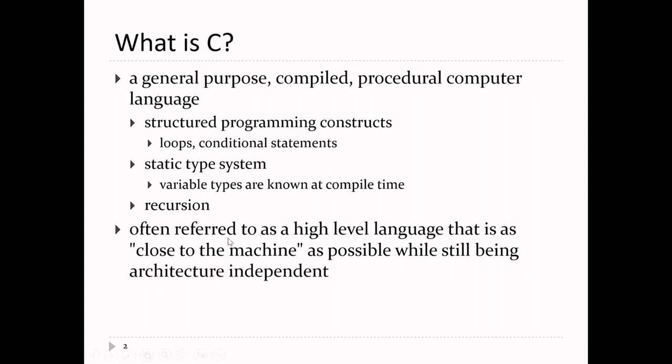You'll often see on the internet that C is called the high-level language that is closest to the machine as possible. What they mean by that is that every construct in C closely maps onto some sort of machine language instruction, something that the CPU can actually do.